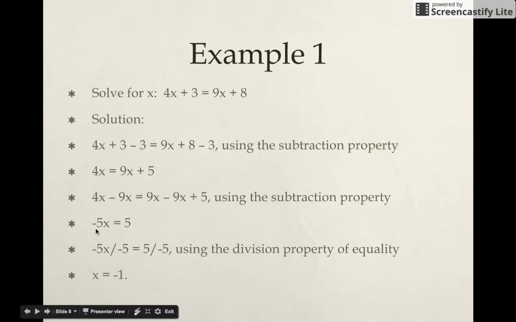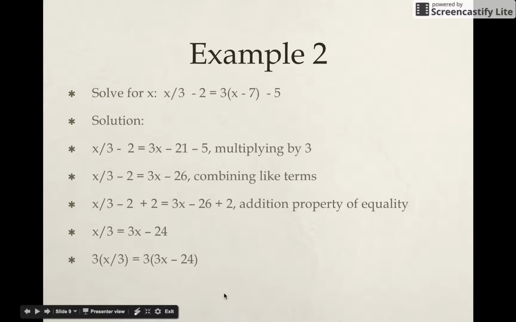Finally, to isolate x, we will multiply by negative 1/5, or you might say divide by negative 5 on both sides of the equation, using that division property of equality. And that results in x on the left-hand side and negative 1 on the right-hand side. So x is equal to negative 1.